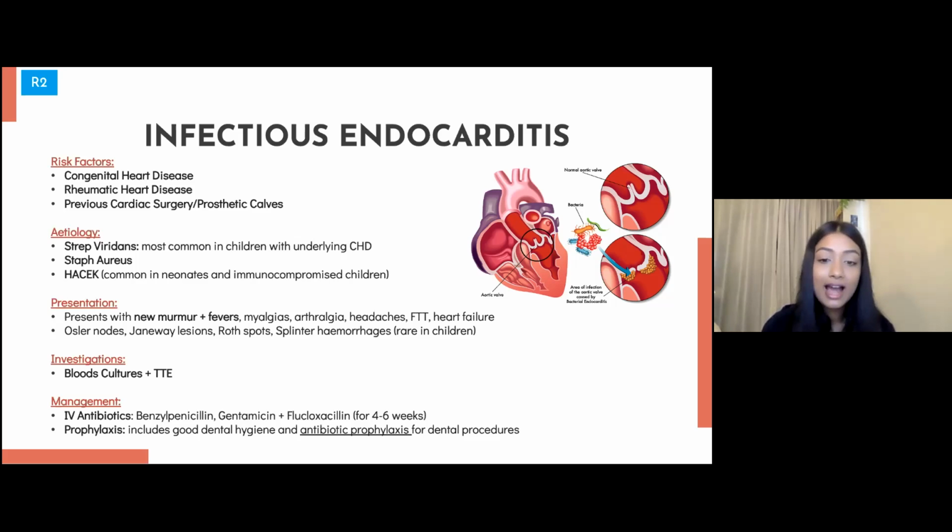It's treated with IV antibiotics, and if there's an infected prosthetic valve or anything infected within the heart, like other material from previous cardiac surgery, that would need to be removed because it's the source of the infection. And as we mentioned, most of these kids with congenital heart diseases or prosthetic valves will need antibiotic prophylaxis for dental procedures, because of their risk.